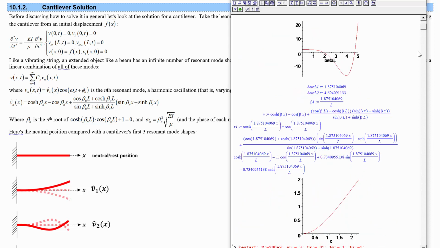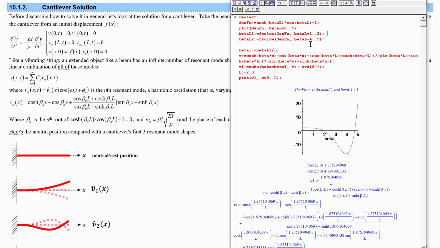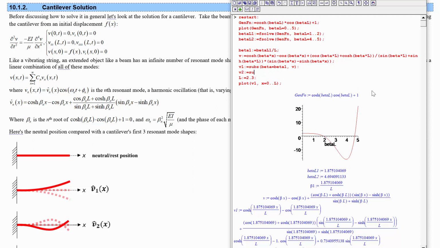And then we could, again, with this thing, get the beta that we're looking for and substitute that in. Let's just suppress that, and we'll say V2 is subs beta is equal to beta L2 over L into V. And now we're in a position to plot V2.